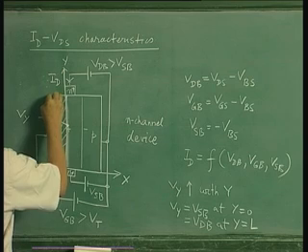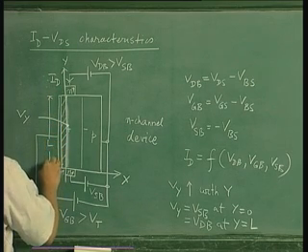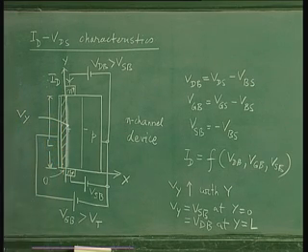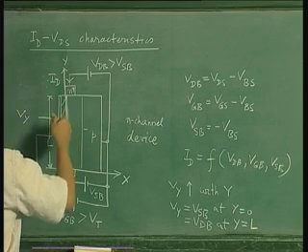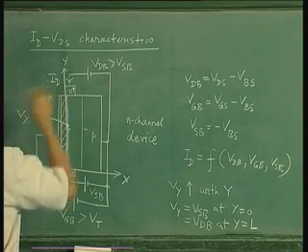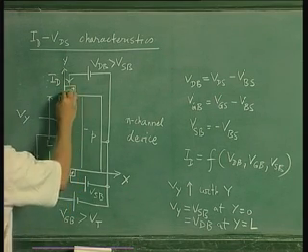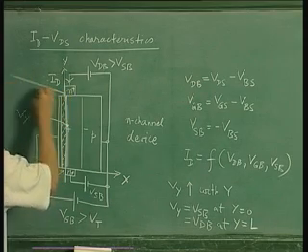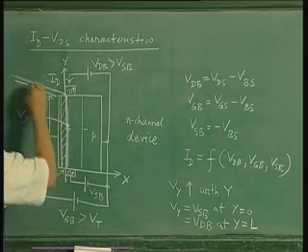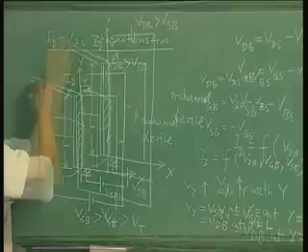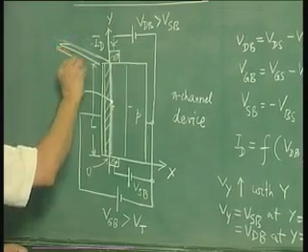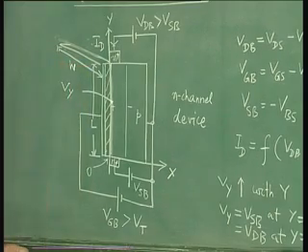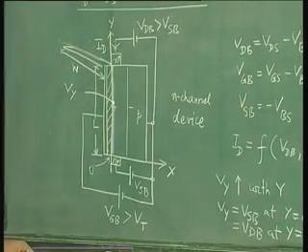So this distance is denoted as the length of the channel L. The width is the distance in the perpendicular direction. The width of the gate is in the direction perpendicular to this. So it is something like this. If you take this perpendicular direction, then that is the width of the gate.